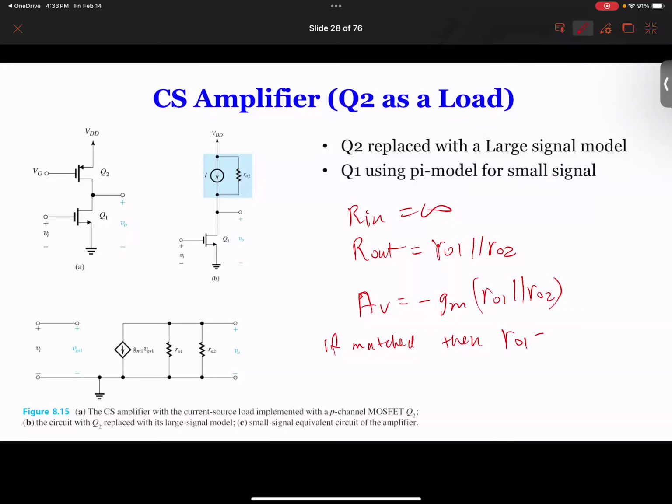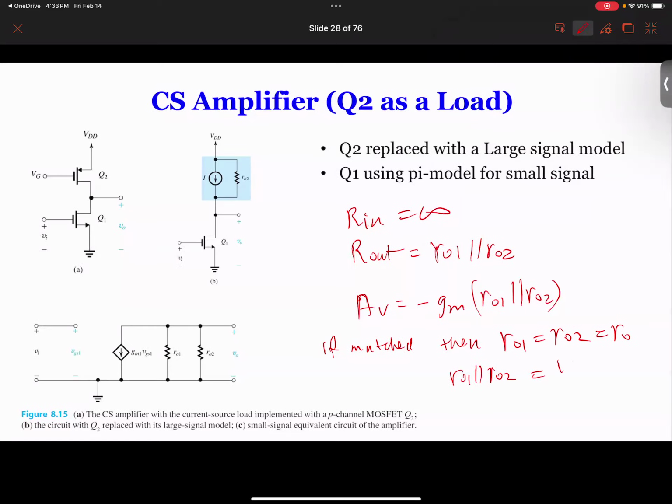The ro1 equal to ro2. So in this case, how much is ro1 in parallel with ro2? What do you think? If the two resistors are the same, they're in parallel. Half, yeah, right. So it's going to be half ro. So therefore, your gain Av is 1/2.